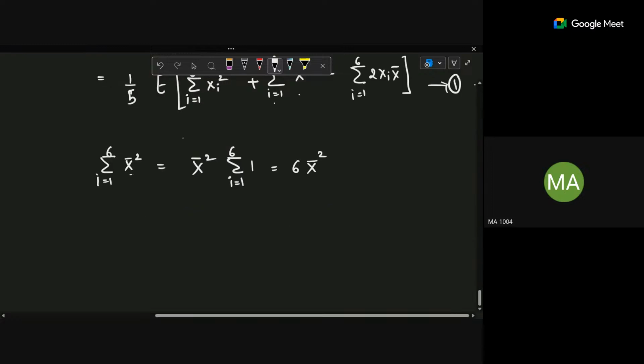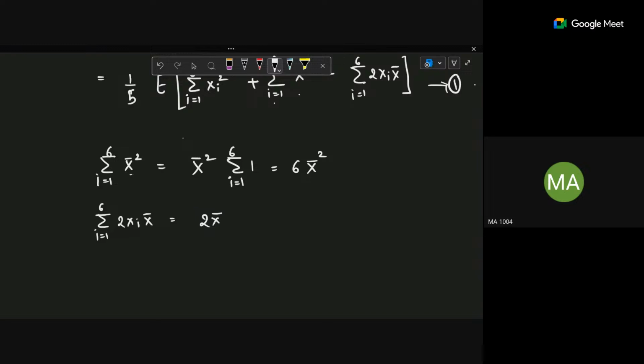And what about this expression, summation i is equal to 1 to 6 of twice xi x bar? Again twice x bar is constant here, and we have summation i is equal to 1 to 6 of xi.